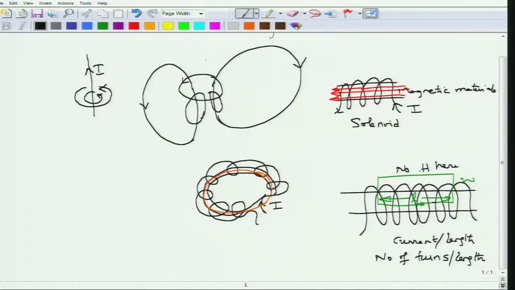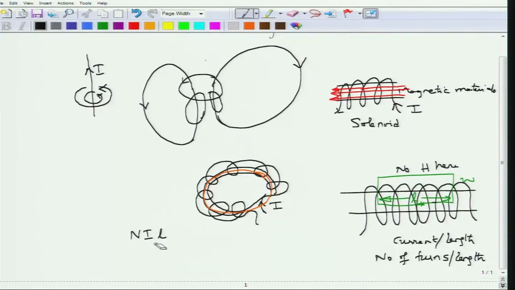So with this as the Amperian loop, what would be my total current? If the length of the path is L, then the total current will be N I, where N is the number of turns per meter, multiplied by L, will be the total number of turns, and then you can write this as N I L. Okay.